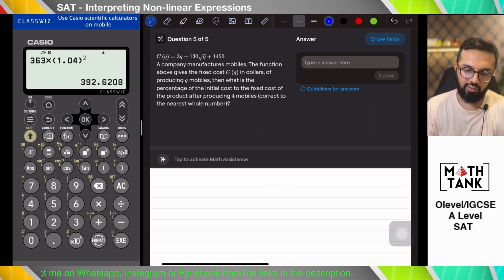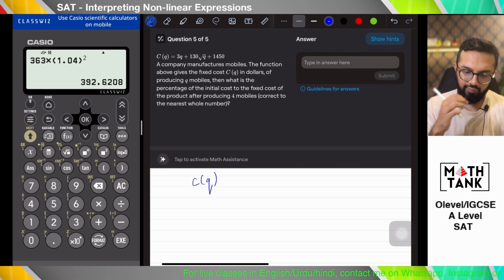The company manufactures mobiles of the initial cost. The function above gives the fixed cost in dollars of producing Q mobiles. Then what is the percentage of the initial cost to the fixed cost of the product after producing 4 mobiles? Okay, so the fixed cost is 14, the initial cost is 1450.